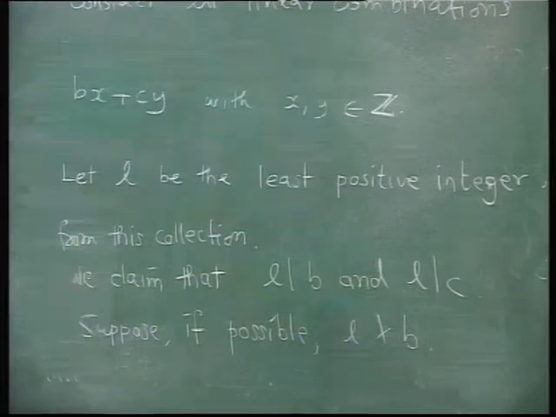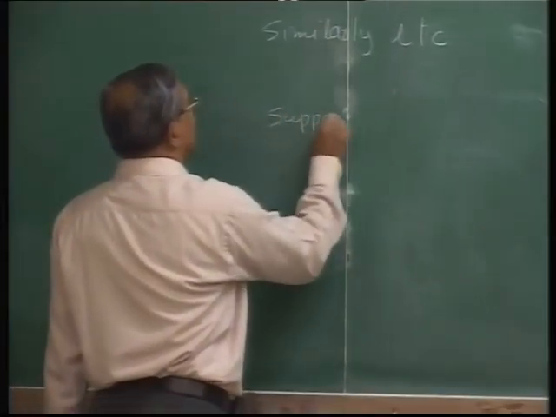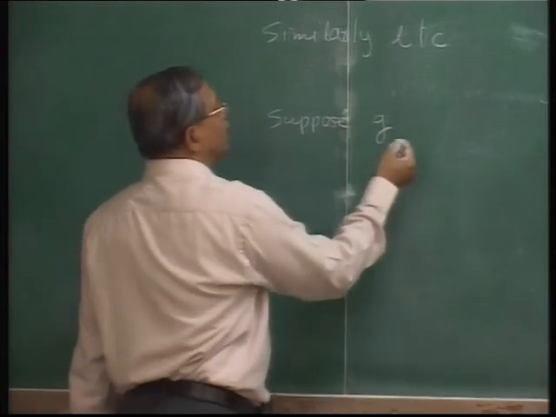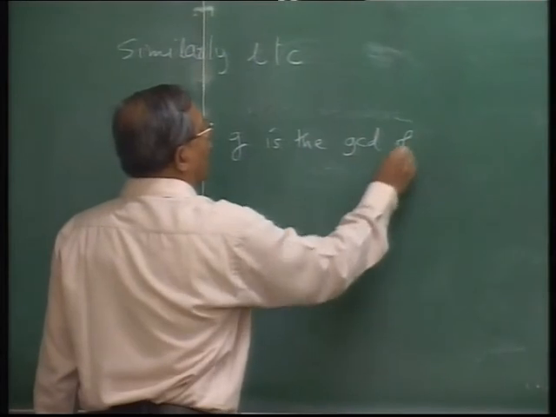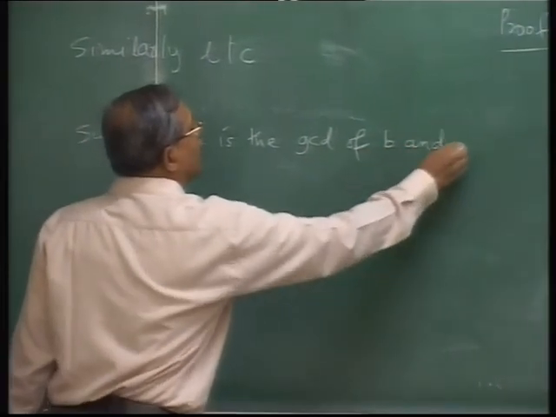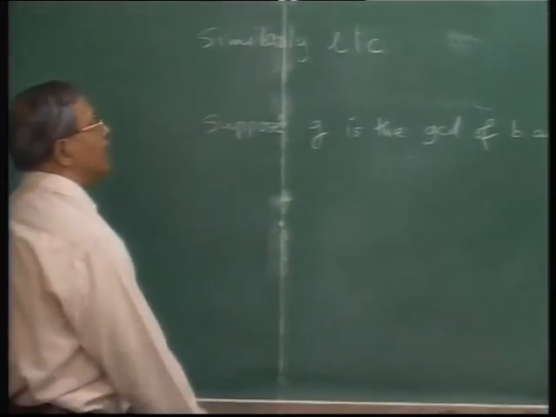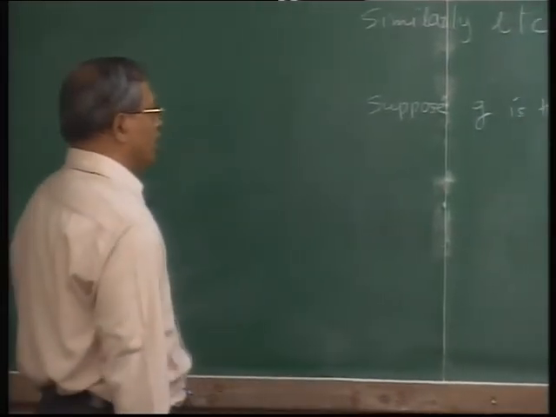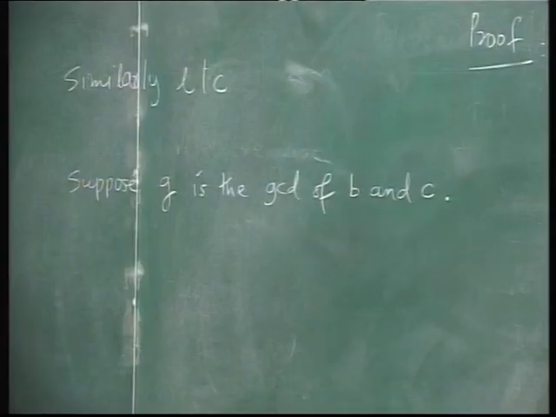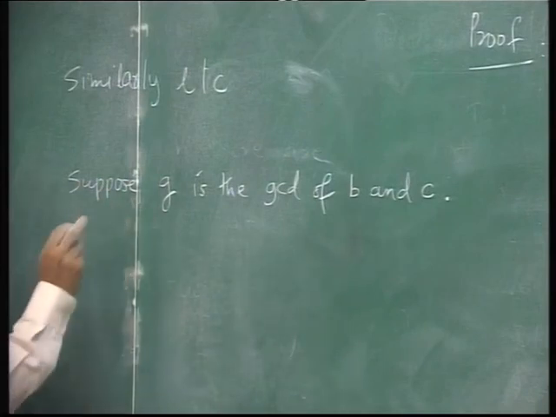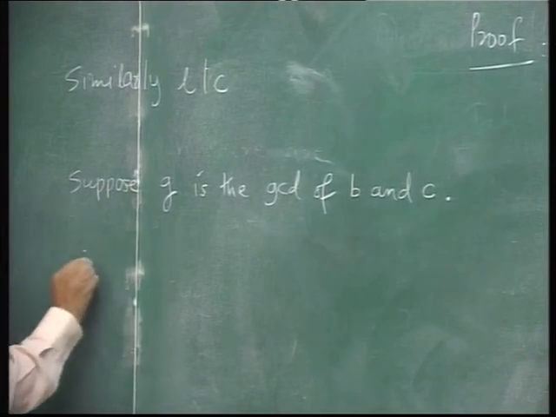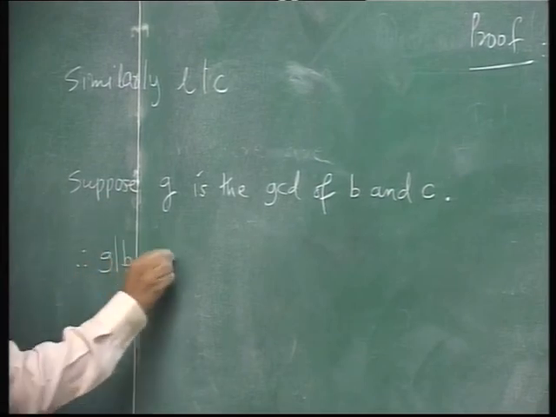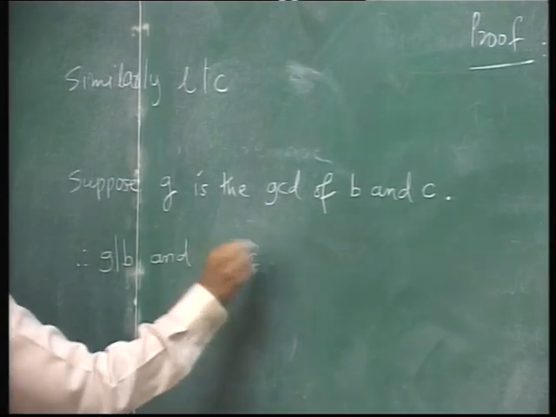So suppose G is the GCD of B and C. So G is a divisor of both. It's a common divisor. Therefore G divides B and G divides C.